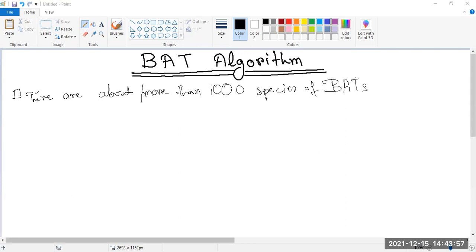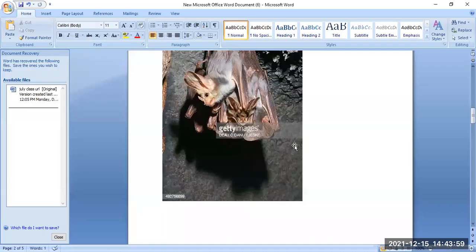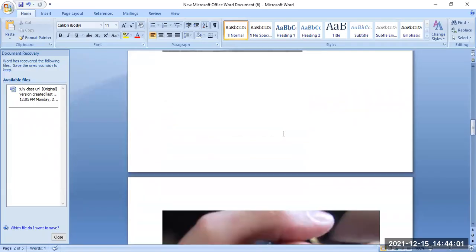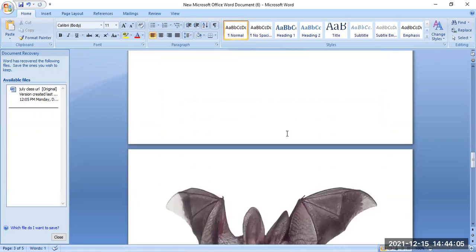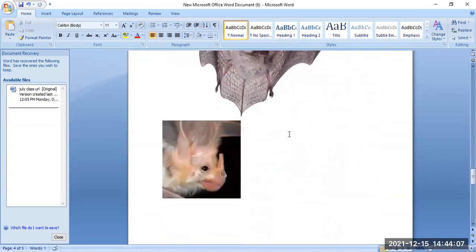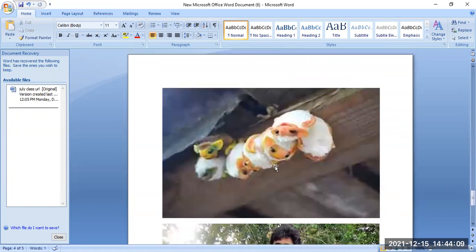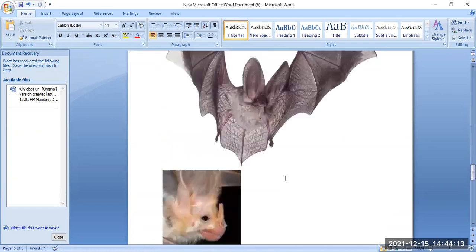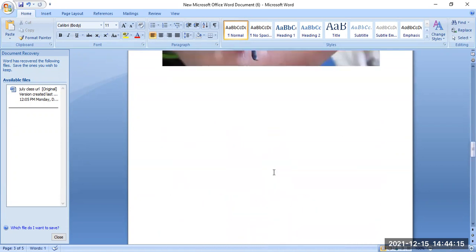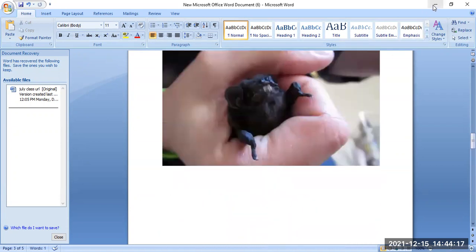Look, this is the picture of a bat. Again, you can see this is the picture of a bat. This is the ghost bat, this is the mega bat, and this is the micro bat. Yes, this is the micro bat.